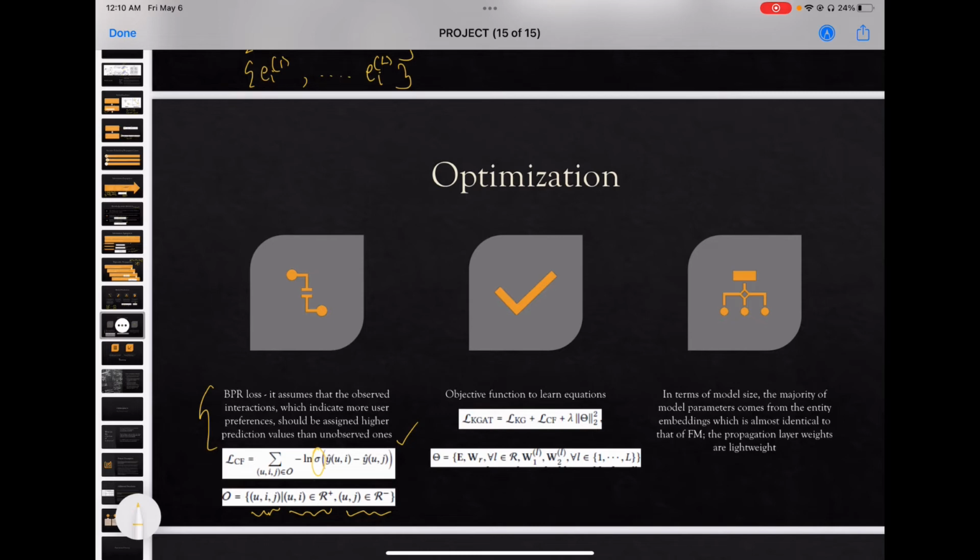Finally, we have the objective function to learn the equations. This is a generic machine learning function where theta are given these values, and E is the embedding table for all entities and relations.